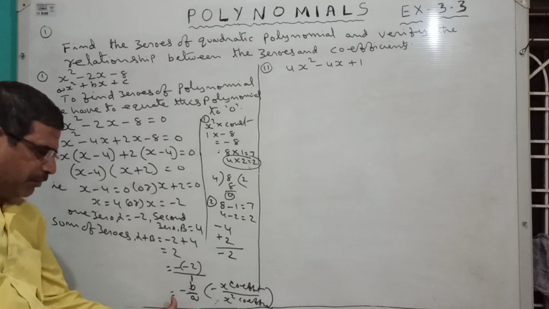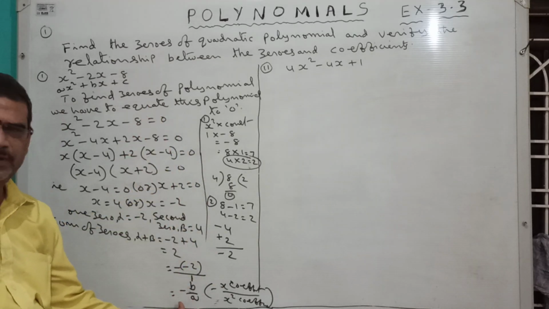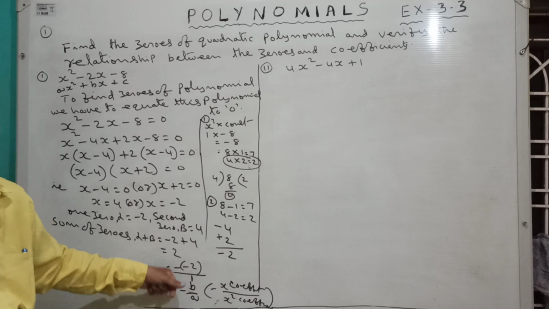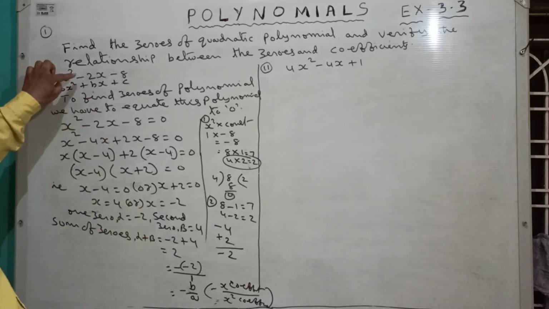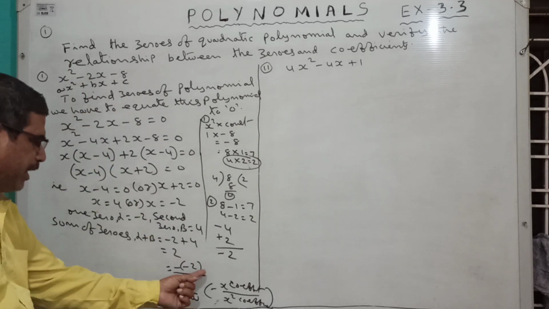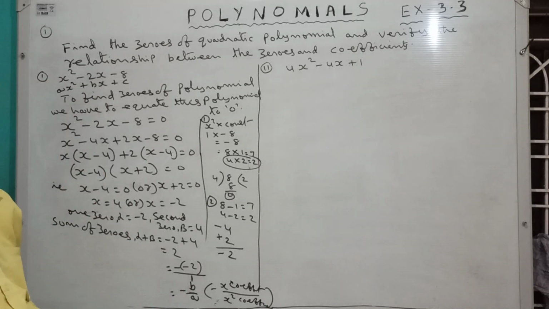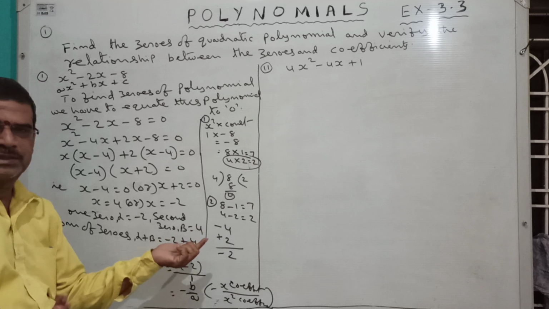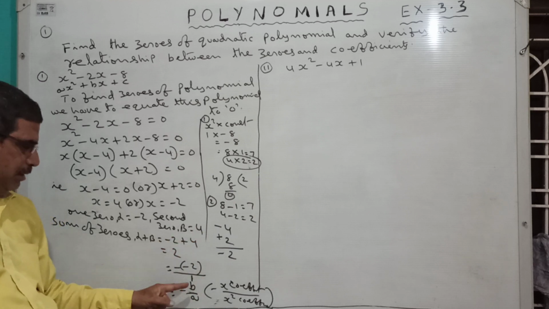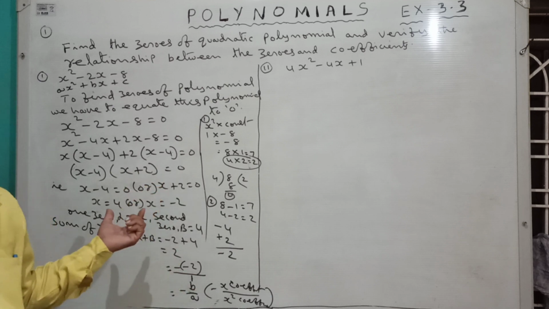Okay, I am coming in the reverse direction. So the sum of zeros formula I am writing here. After that I am substituting those values. Here minus is a minus, b value minus 2 by a value 1. So simplify this one, minus into minus plus. Okay, here plus symbol. Here denominator 1 is there. 1 means no value for 1.